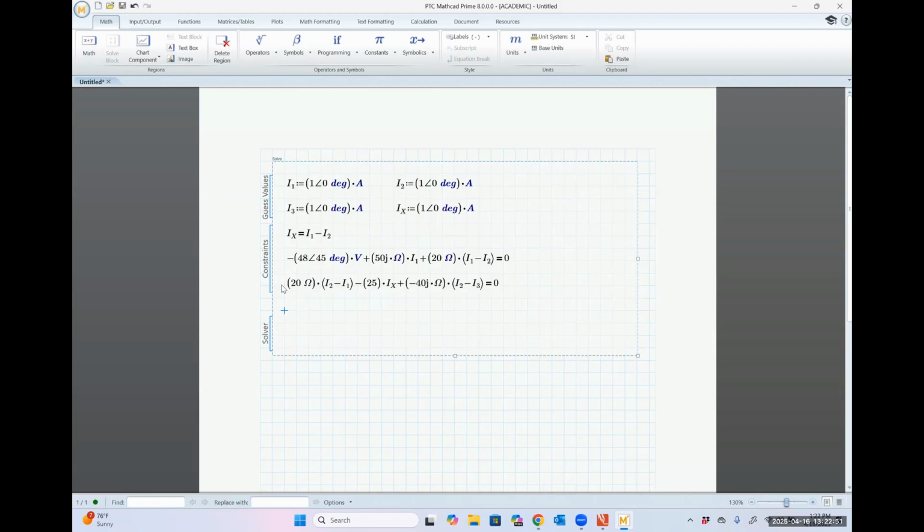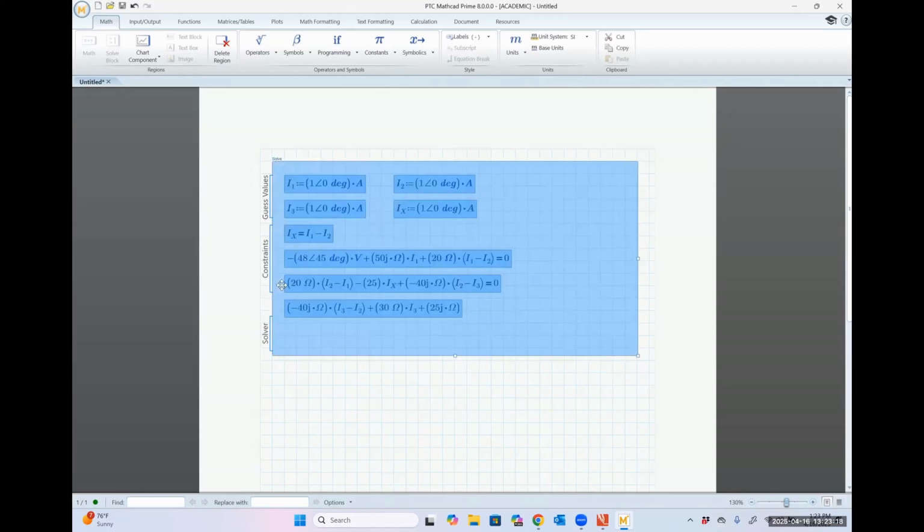Now I have my KVL equation for mesh 3, which should be minus 40J ohms times I3 minus I2, plus 30 ohms times I3, plus 25J ohms.